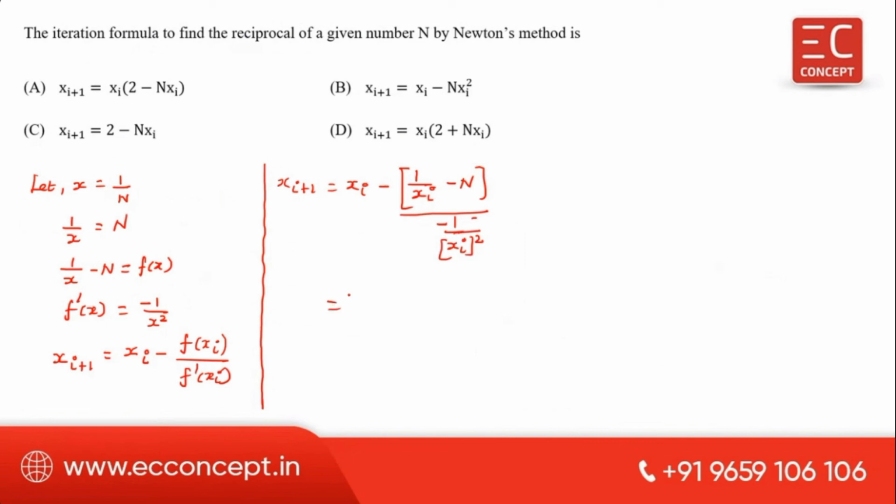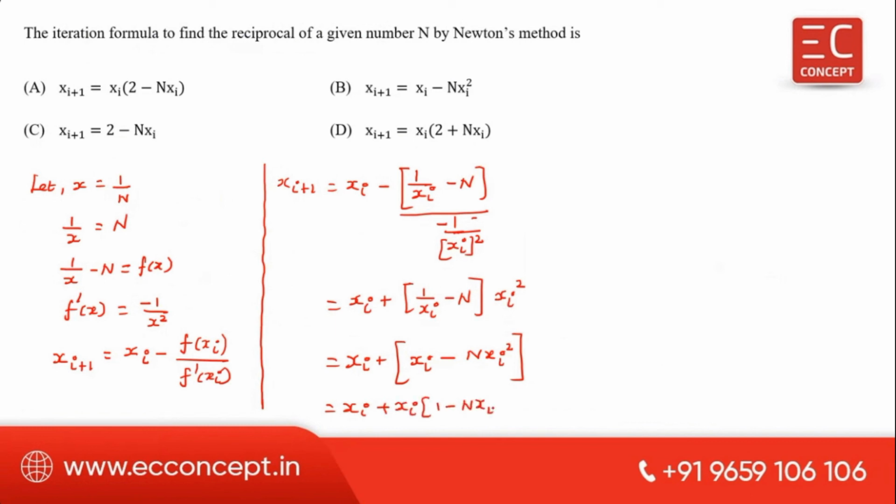Okay, now if you simplify this, x_{i+1} = x_i + (1/x_i − n)·x_i². Simplify this: x_i + x_i − n·x_i². So if you take x_i common, x_i(1 − n·x_i).